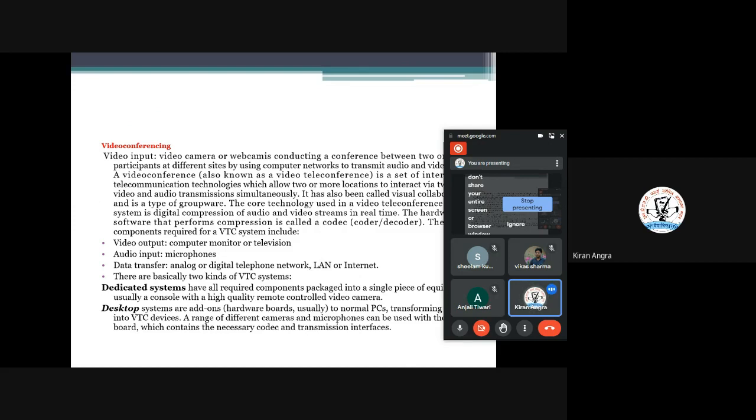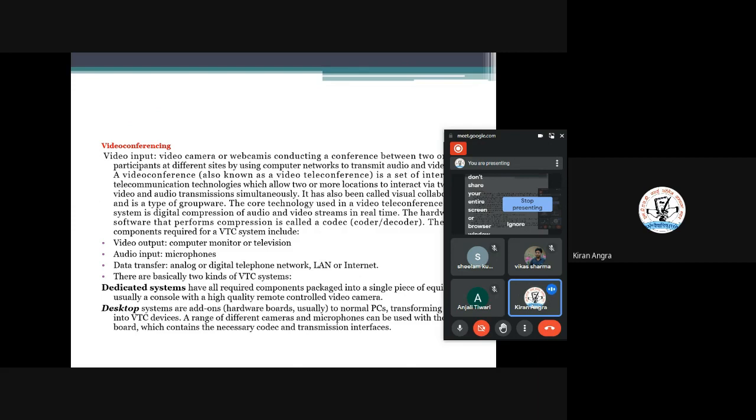In a desktop system, they are not in one system. You have separate things: a range of cameras, microphones, boards, and different dispersed PCs. You have different systems and instruments, and these desktops form the VTC under the desktop system.